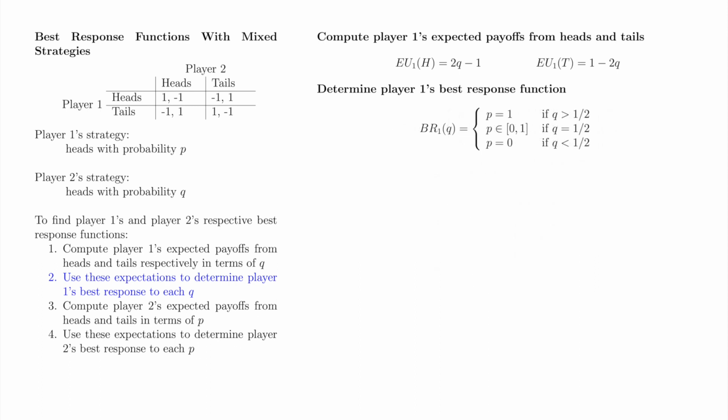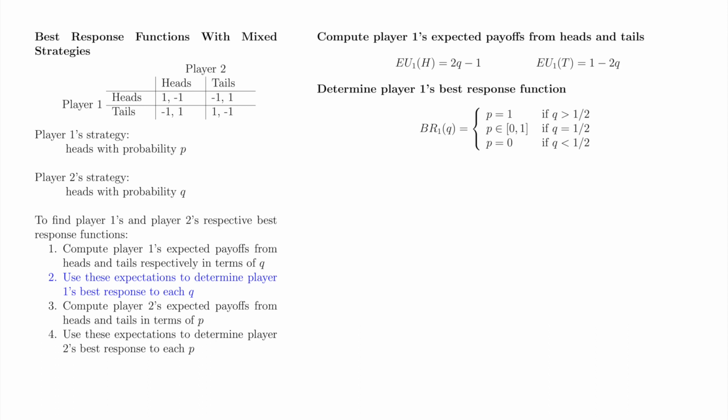Let's give some intuition for this best response function. Player 1's goal is to find player 2, that is, to match her penny to player 2's penny. If Q is greater than 1/2, that is to say that player 2 usually plays heads, so player 1 is more likely to find player 2, i.e. match player 2's penny, by playing heads.